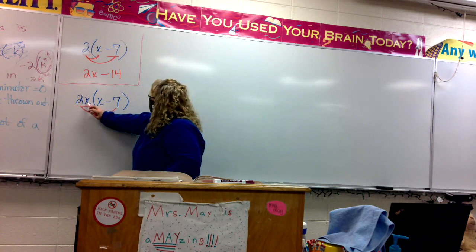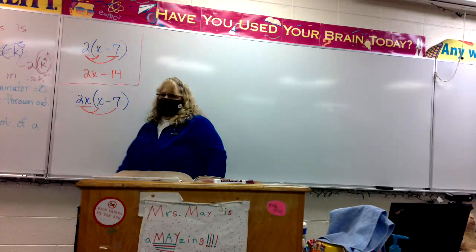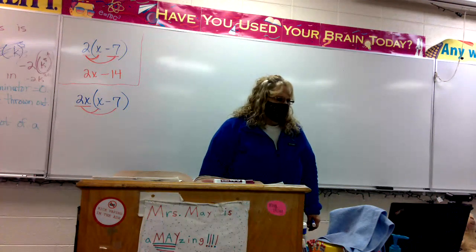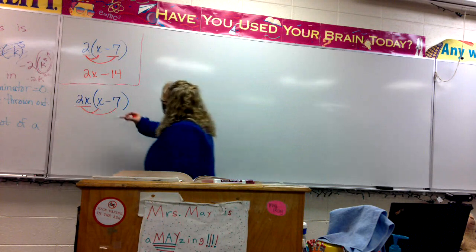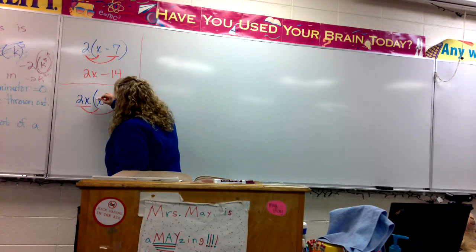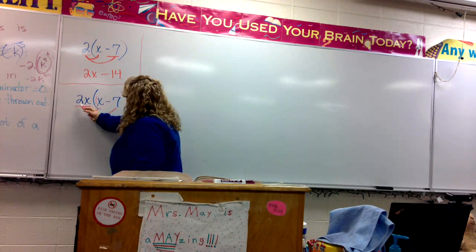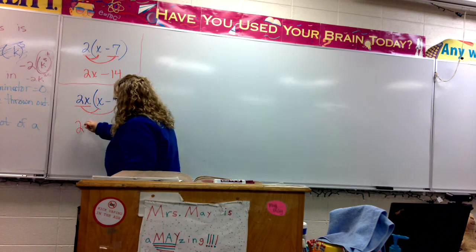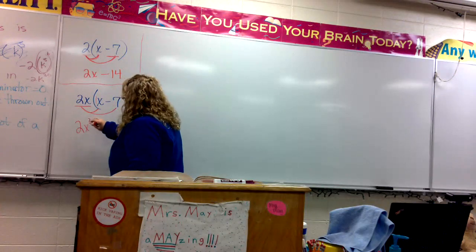Well, what is x times x? I'm multiplying those. x to the second power. And remember, we assume there's a 1 in front of that thing. So 2 times 1 is 2. X times x, he said, was x squared, right?